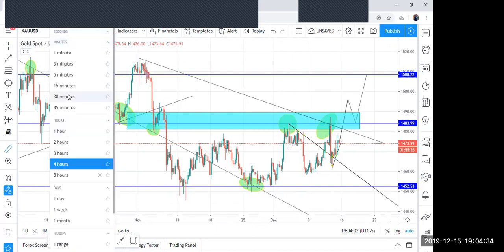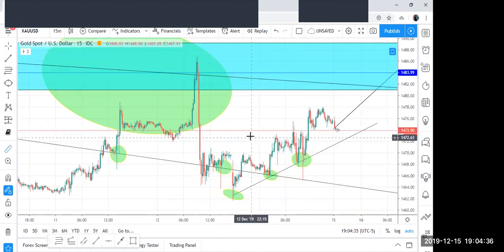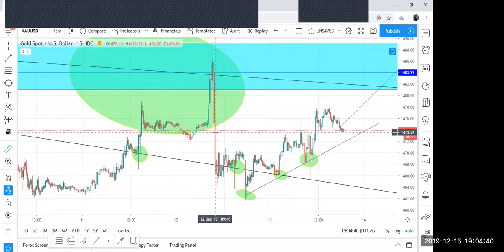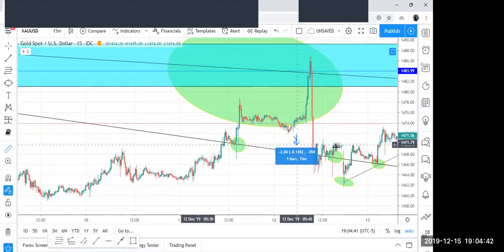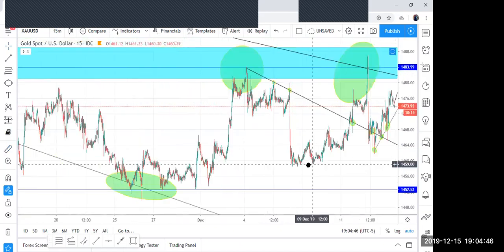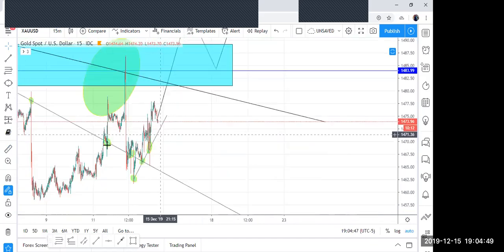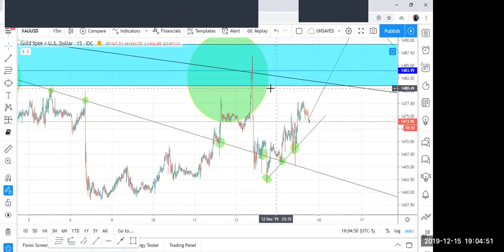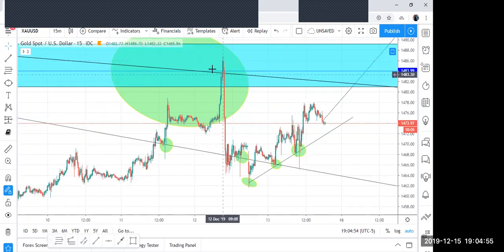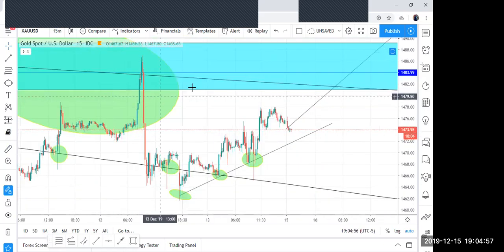Let's see how it looks on the 15-minute. I would assume that this is the move here. From the trend line on the big time frame, it allowed me to see that price did close a little bit higher on the 15-minute.